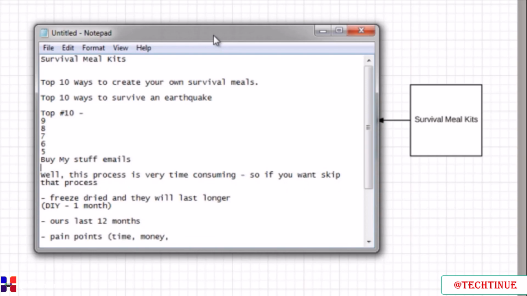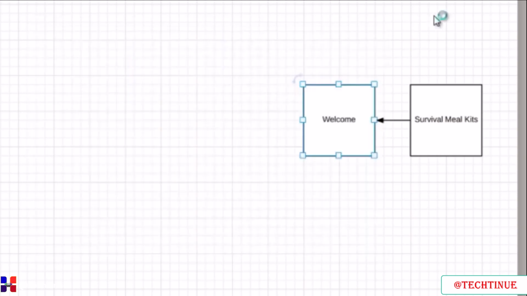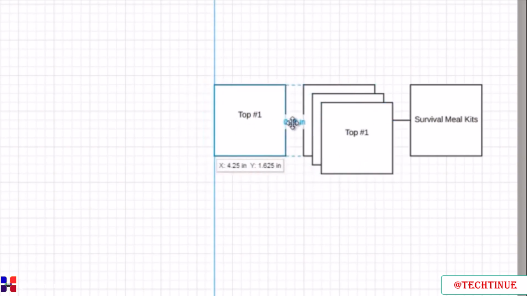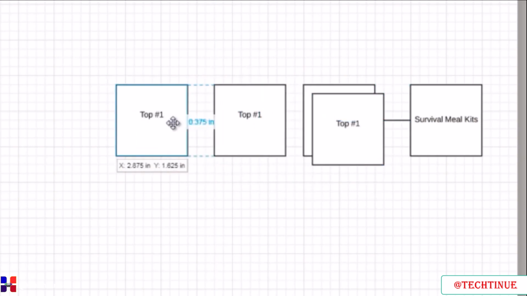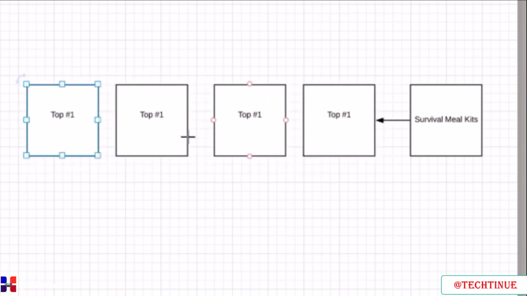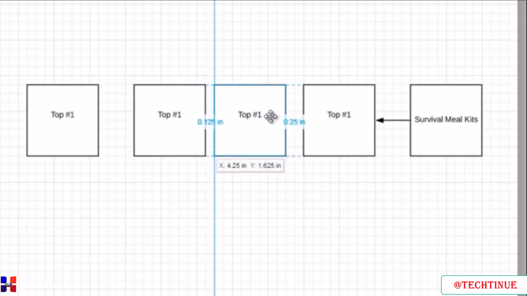So by working backwards, we can say, okay, this can be top number 1. And then this can be 2, 3, 4, and 5. So we can work that in here. 2, 3, 4.